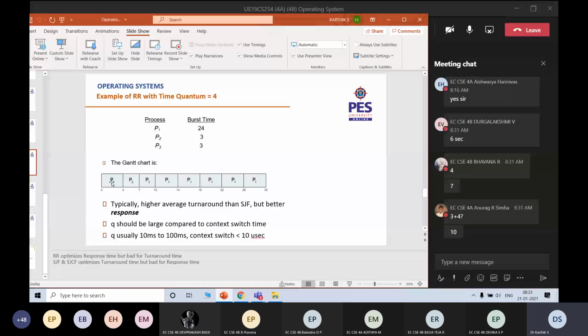There is a general observation, not on a specific problem: if you compare the average turnaround time of round robin with that of shortest job first, then SJF is better.